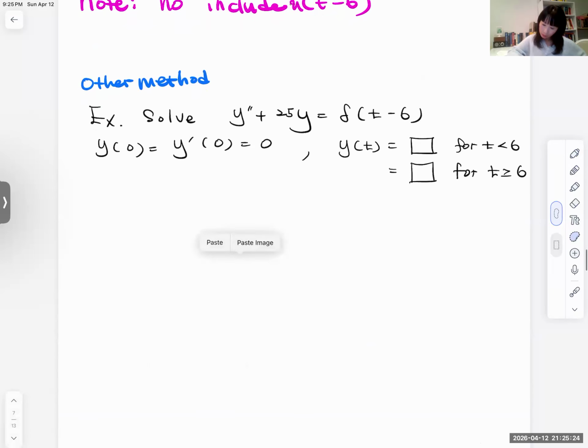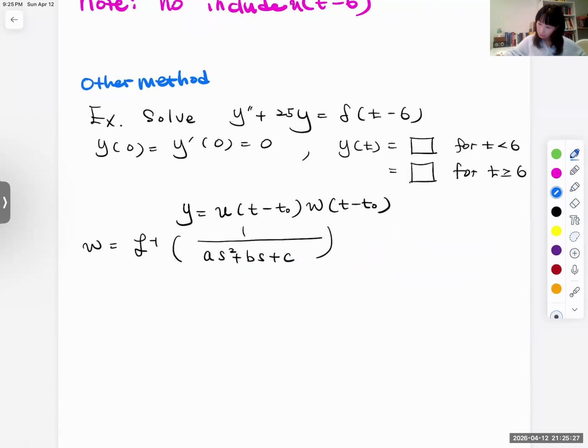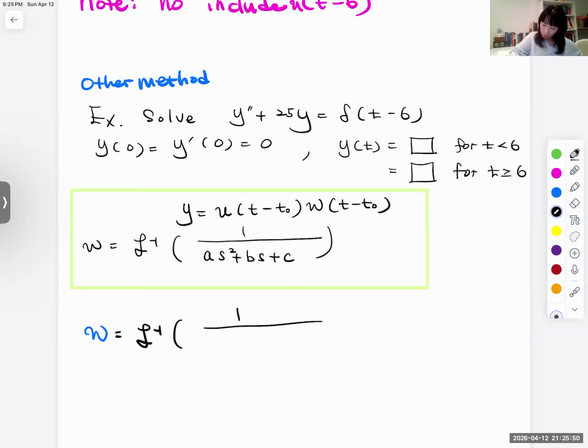So omega equals the inverse Laplace of 1 over A. A is the 1, s squared, plus B. We don't have B there because there's no y prime, so it's 0 plus C, which is 25.